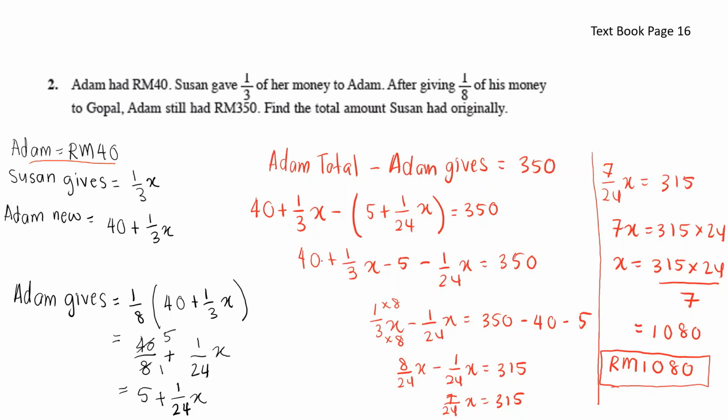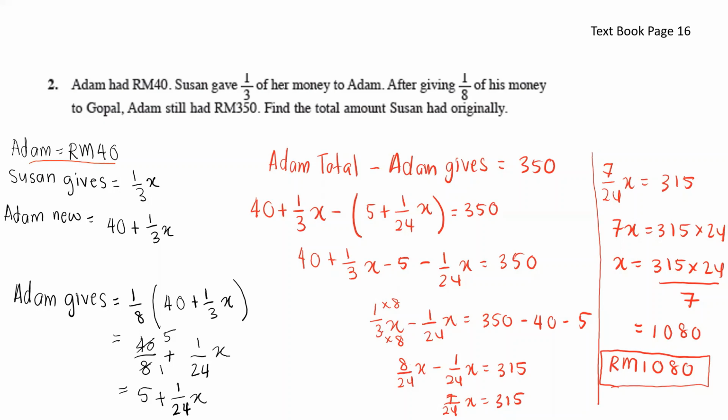Now let's open up the bracket. We have 40 plus 1 over 3x minus 5, and here we have negative 1 over 24x, because negative and positive gives you negative, equals 350. Next, let's move all the x's to one side and the whole numbers to the other side.